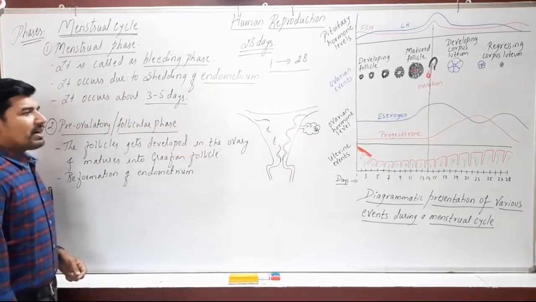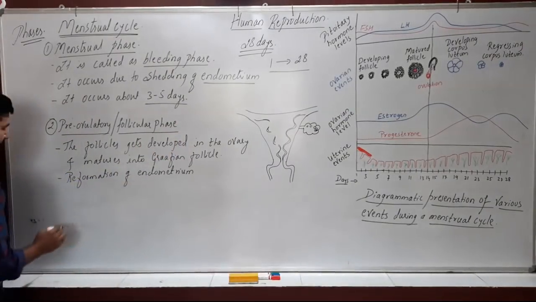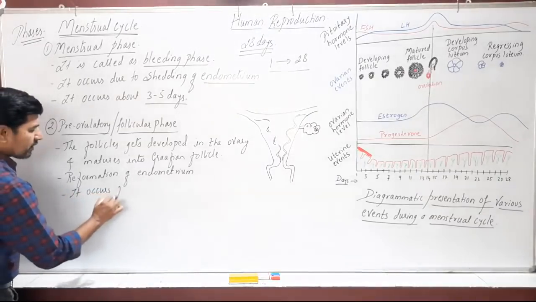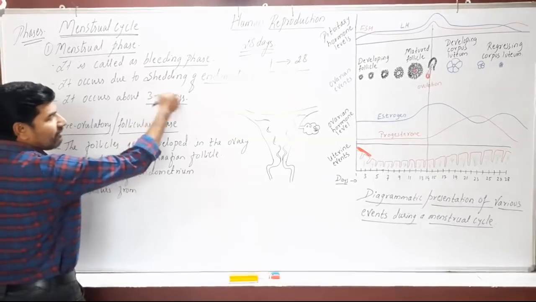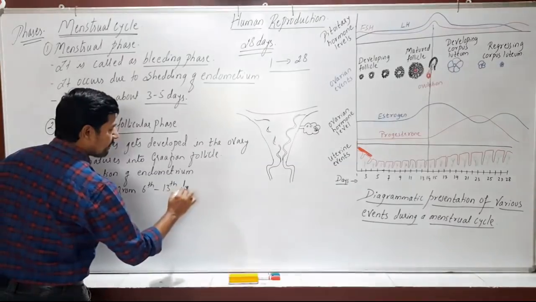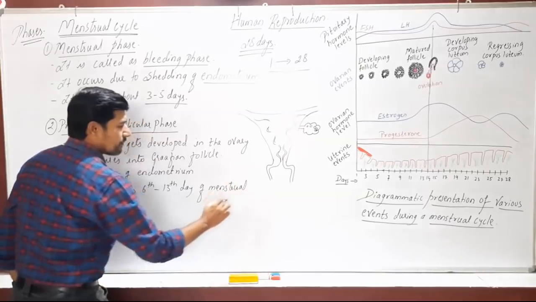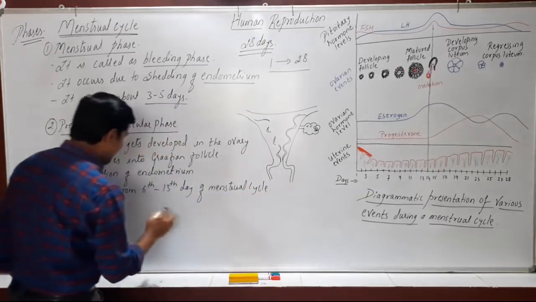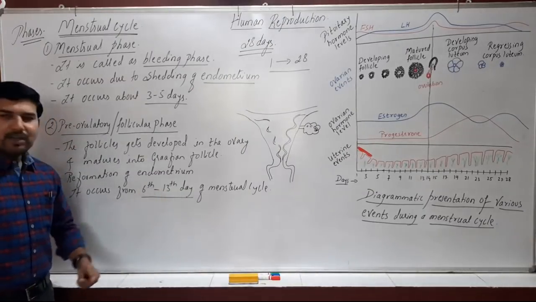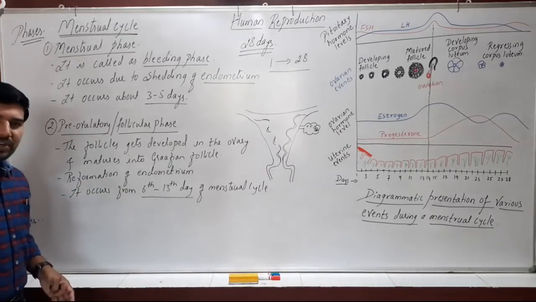It occurs after day 5, from the 6th to the 13th day of the menstrual cycle. Okay, so this is regarding the pre-ovulatory phase.